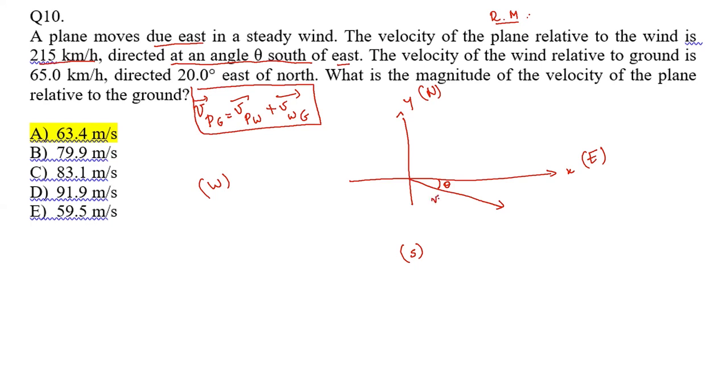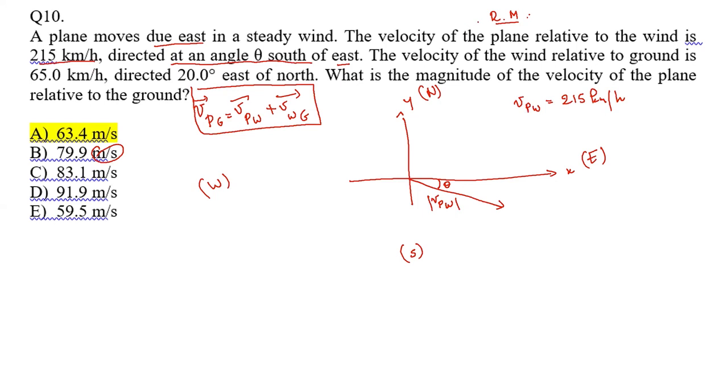Now this velocity here is VPW, and you know that the magnitude of VPW is equal to 215 kilometers per hour. I will leave everything in kilometers per hour, and at the end I will just convert it to meters per second. So this is VPW.